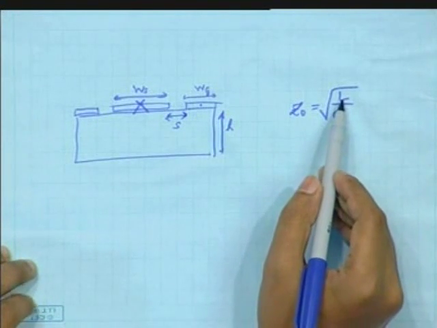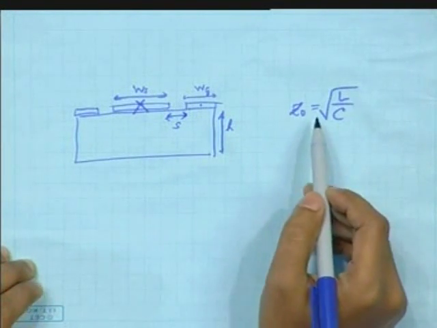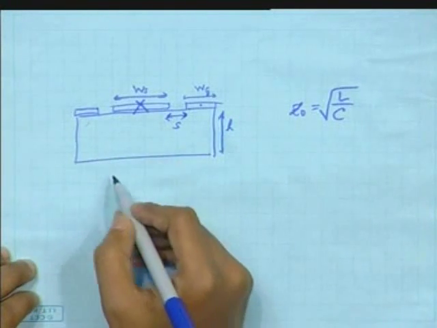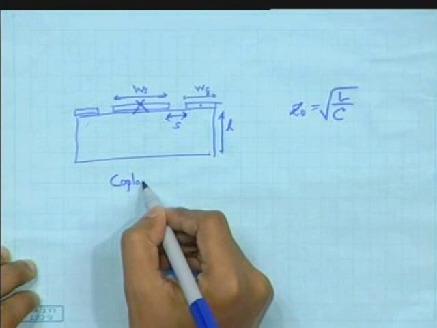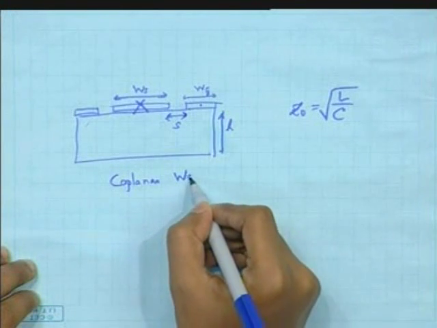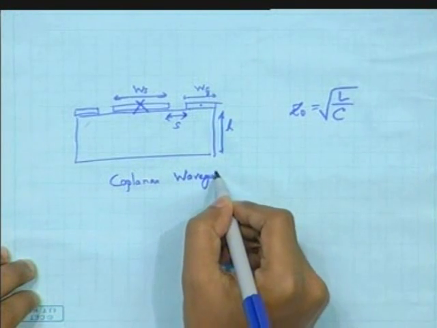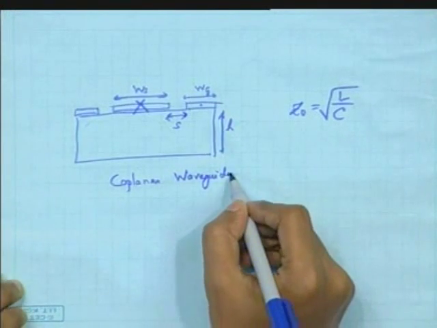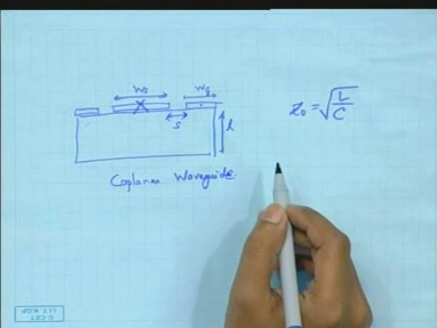So inductance will increase and hence the characteristic impedance will increase. So you can get all ranges of characteristic impedance with this structure, which is called a coplanar waveguide. These all structures are called waveguides. They basically guide the wave rather than just a simple wire.